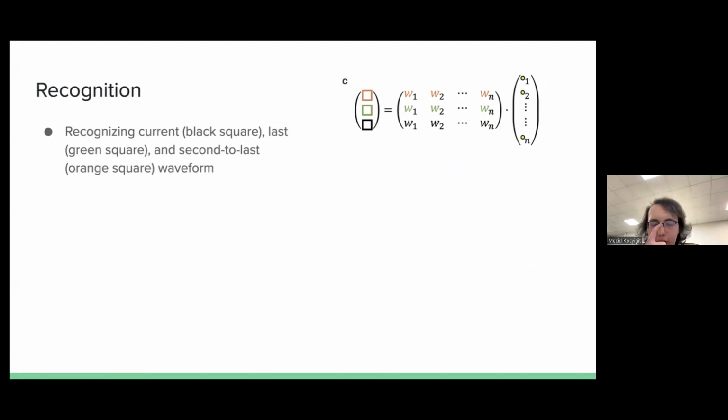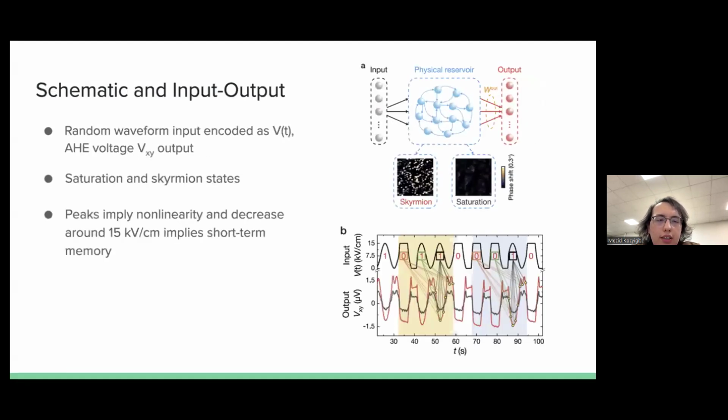We use sampled n data points for a period of output signals, and of course we will use weights trained on this system. So in the matrix representation, the orange, green, and black squares and the yellow dots correspond to those in this slide. You can see the yellow dots on the output signal.